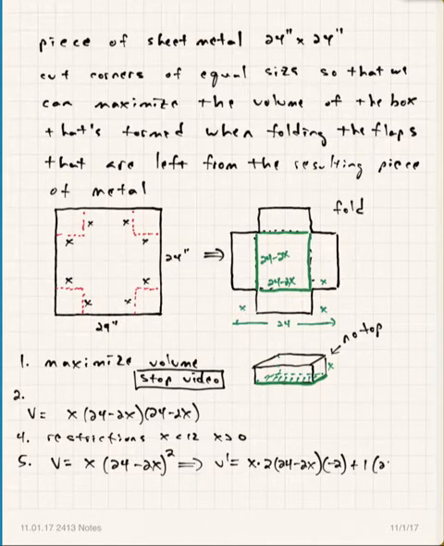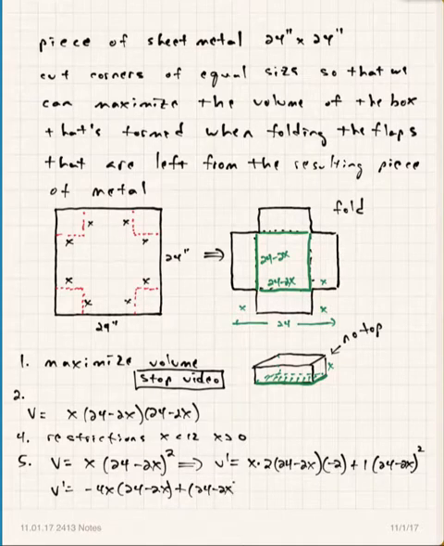So this is just 24 minus 2x squared, like that. It turns out relatively nice if you do it that way. And so our v prime here would be -4x times 24 minus 2x plus 24 minus 2x squared.